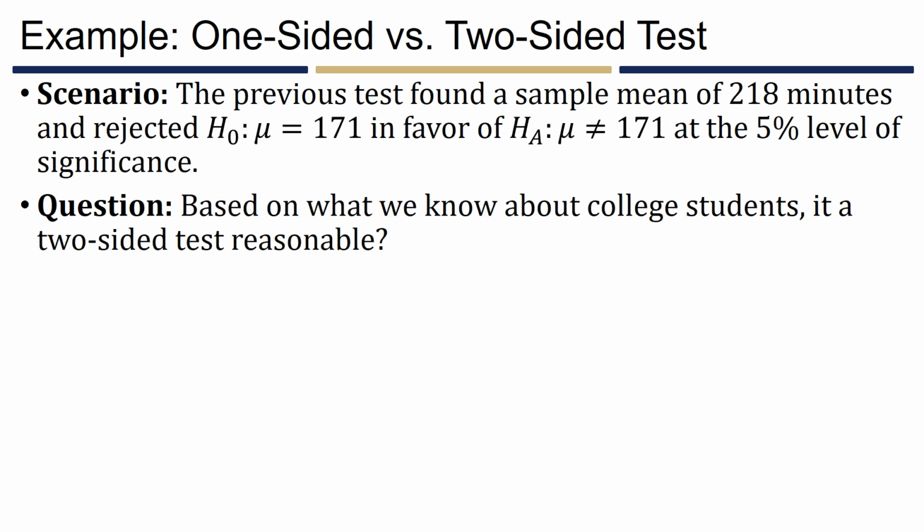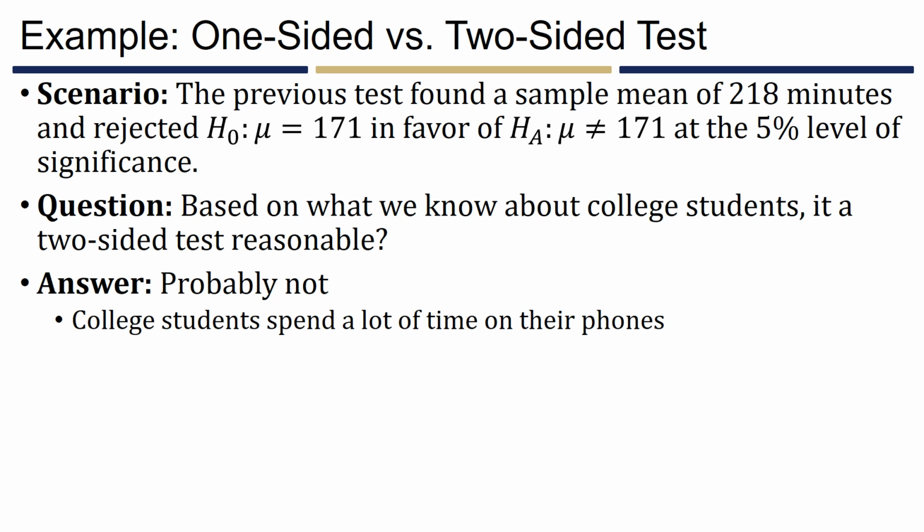Now, maybe a better question to ask at this point is if a two-sided test was actually reasonable to use to begin with. Based on what we know about college students, probably not. The reason for this is that college students tend to spend a lot of time on their phones.